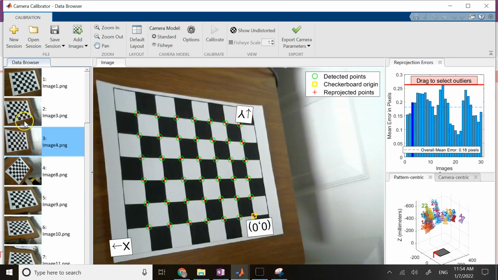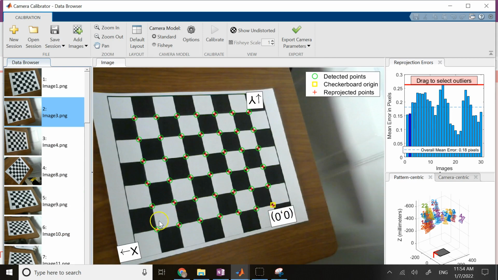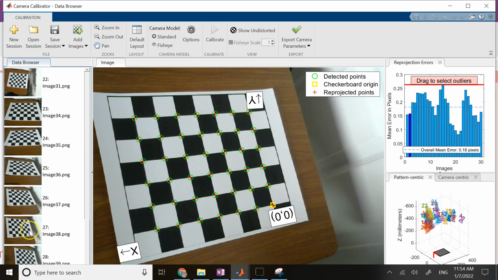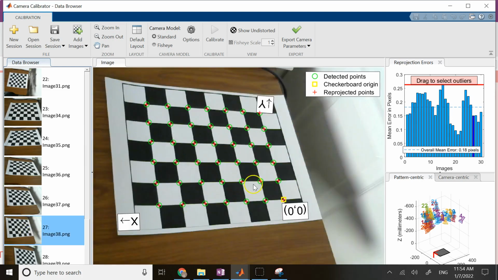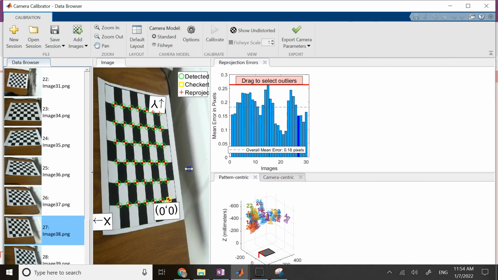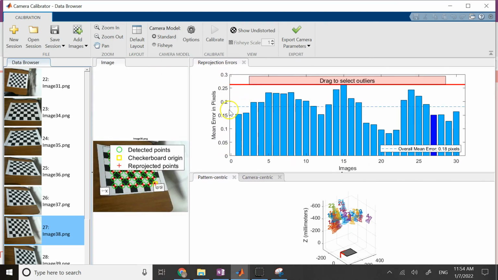If from one image to the next, it has moved from one corner to another corner of the chessboard, that's a big red flag. You have to redo your calculations. The biggest reason for it, I told you, is that the chessboard could be asymmetric. But as you can see here, the mean error in pixels is less than 1.